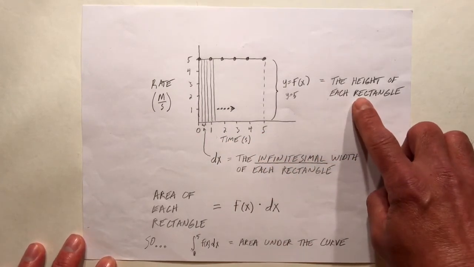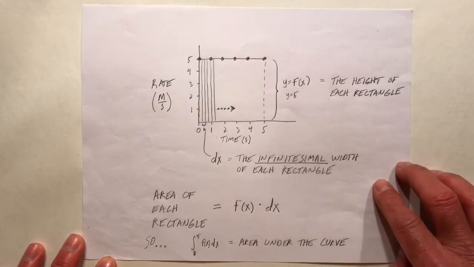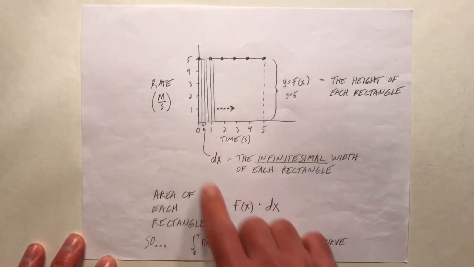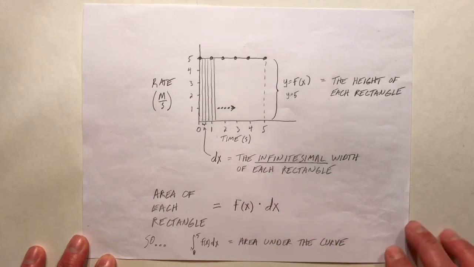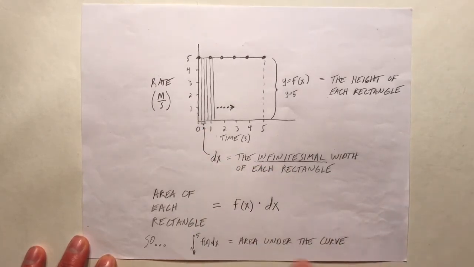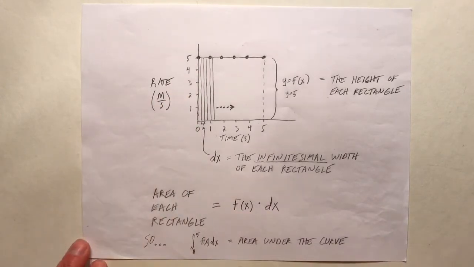The height of each rectangle would be equal to f of x. In this case, the height is equal to 5, measured in molarity per second. The width of each rectangle is equal to the infinitesimal width, dx, the infinitesimal change of x.